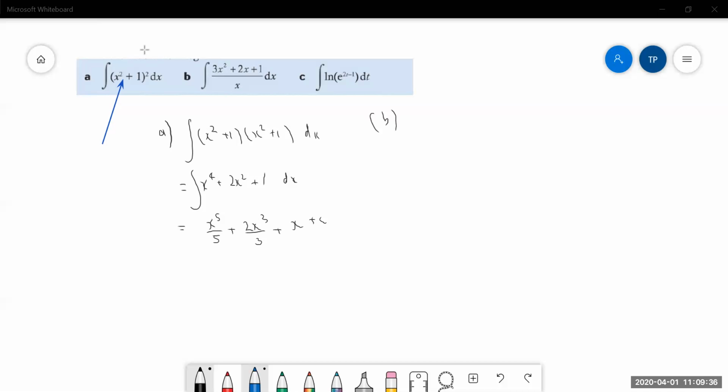What about for B? You got to simplify it. How are you going to simplify it? You mean part A or part B? Part B. Part A is fine.